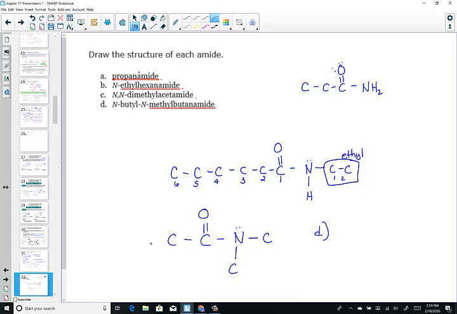And there's one more, letter D, N-butyl N-methyl butane amide. All right, well, the parent is butane, and there's the nitrogen linkage, and then nitrogen has 3 bonds. One of them is a butyl, the other one is a methyl.